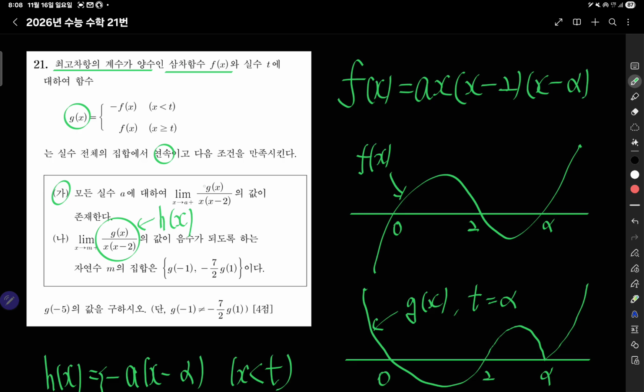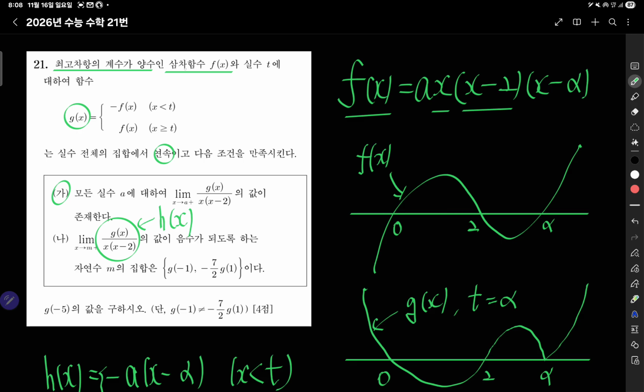So that means g of x contains x and x minus 2 as a factor. So f of x will also have x and x minus 2 as a factor.